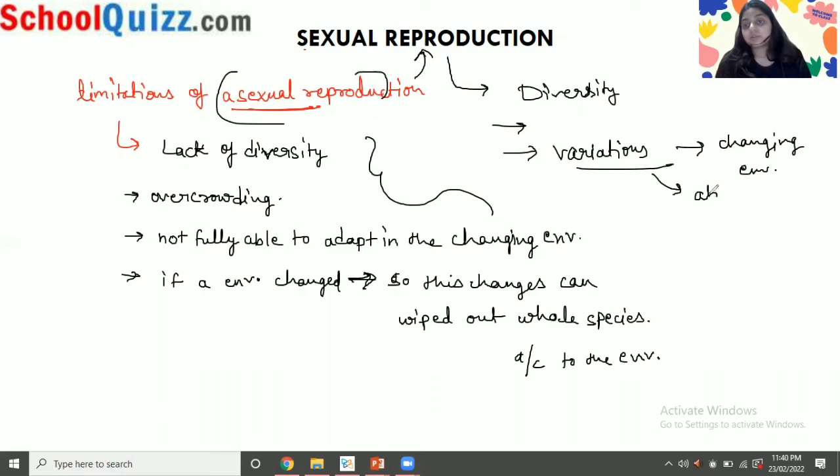When the environment changes, some populations or organisms of a species show variations, so they can survive in the environment. I hope you can understand why sexual reproduction is needed, and what the limitations of asexual reproduction are, so that we need to go for sexual reproduction.